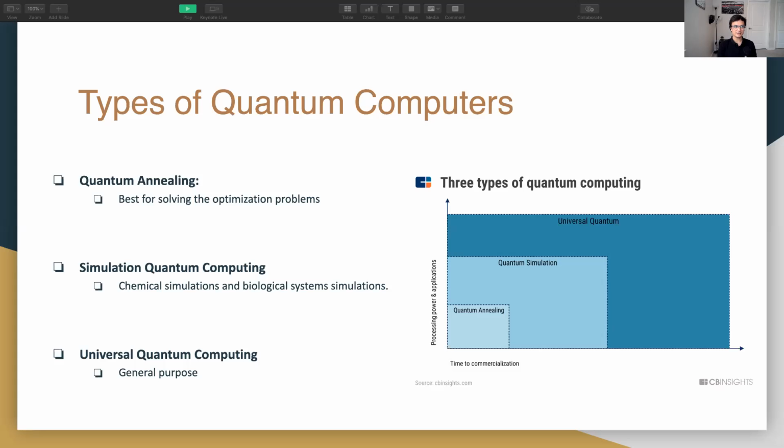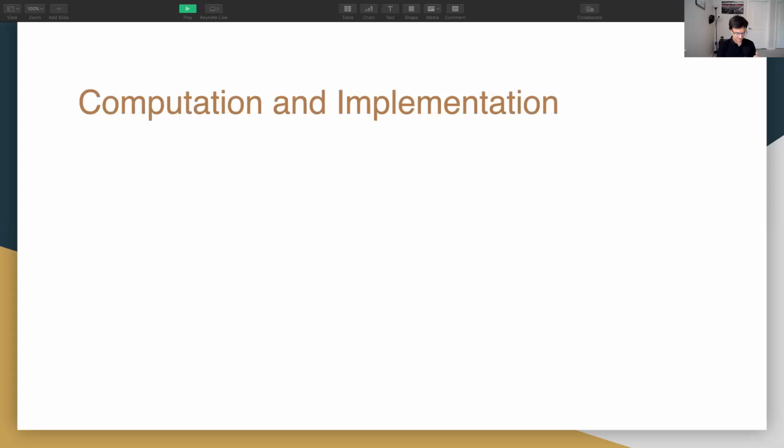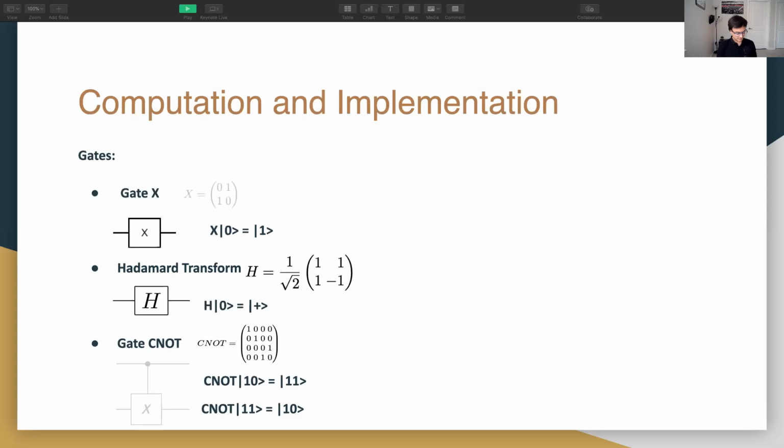Let's understand the basic computation mechanics that's there in the quantum computing space. Similar to what we have in the classical computing, these quantum computations also have gates. Like the first one, which is gate X, which is a Pauli operator. Just before that, as we remember from the previous videos, I can define my wave function as this, where 0 and 1 are my orthogonal bases.